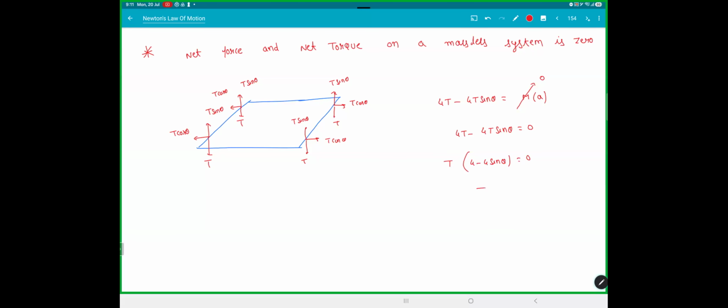So T has to be zero. If T is zero, that means both the bodies are falling with g. This is same like that massless pulley thing. So balls are falling with g.